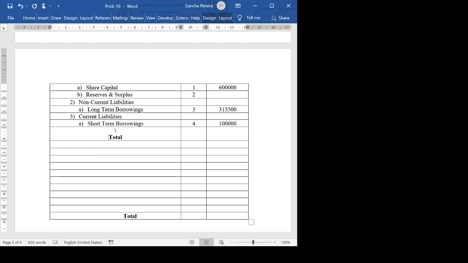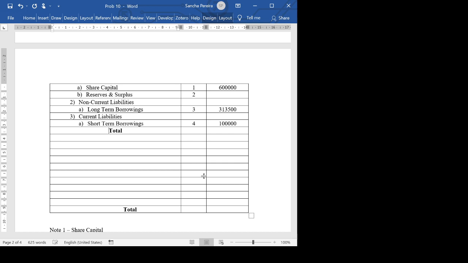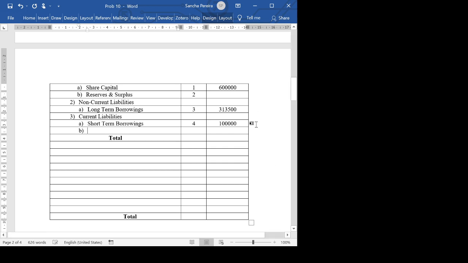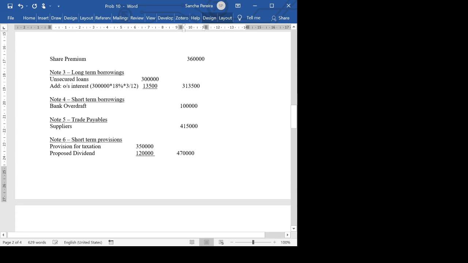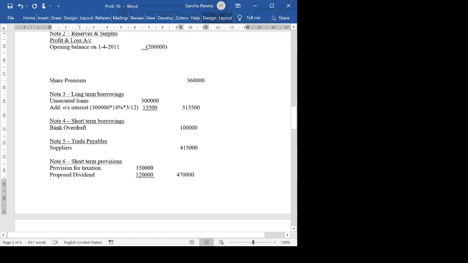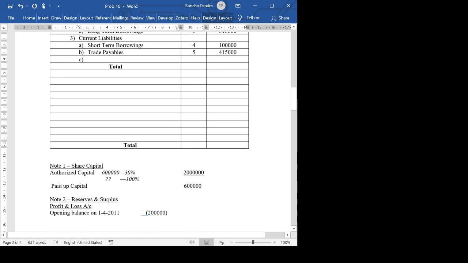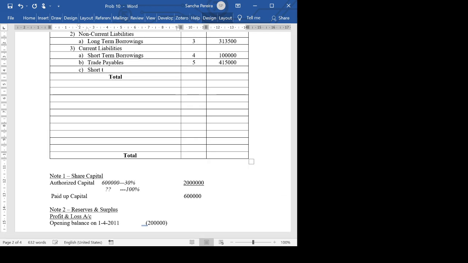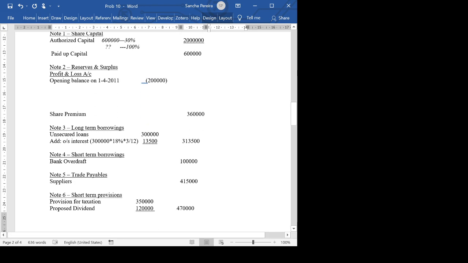Then we have trade payables, note 5, which is 4,15,000. Then we have short-term provisions, note 6, 4,70,000. That's it. There's nothing under other current liabilities.